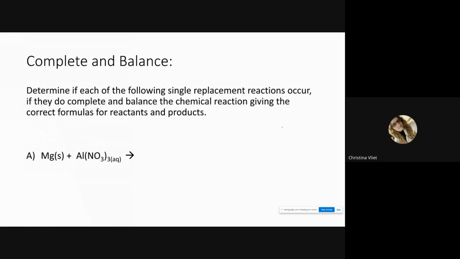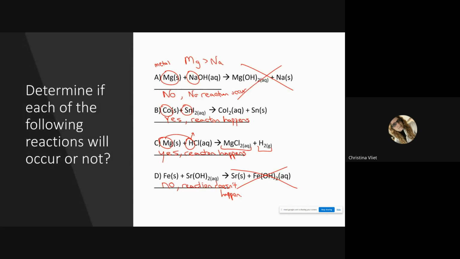So there's more to this type. So we're about ready to get started. If you need to remind yourself how to complete and balance, remember I gave that sheet out last class, how to complete and balance any reaction. That is the last part of what we need to do for being able to accurately predict single replacement reactions. So have this sheet out if you need it handy. I'll be going over the steps over and over again. Ready?